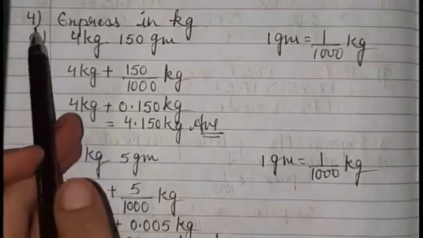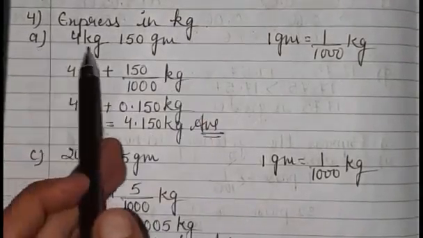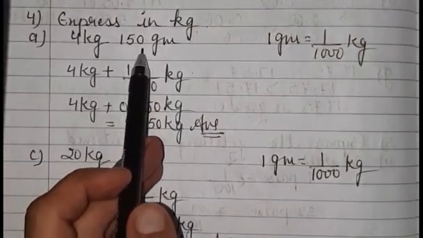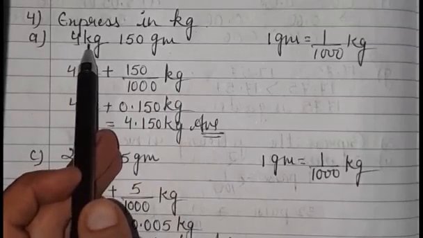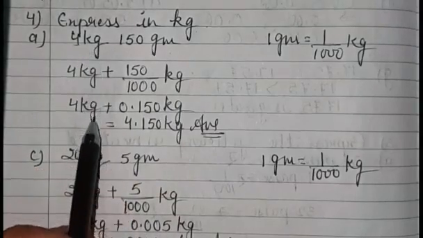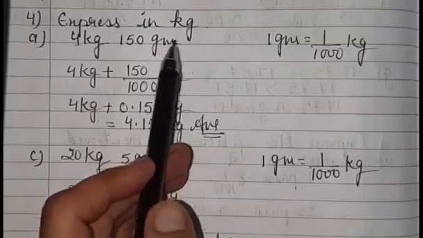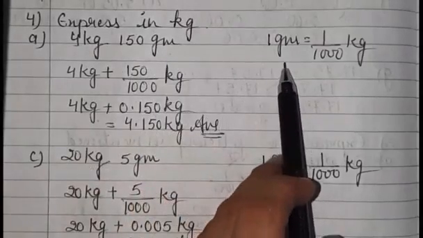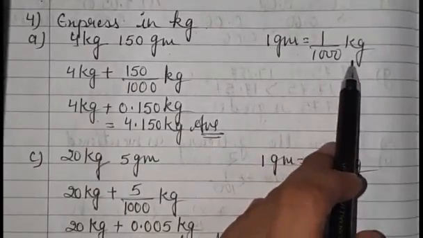Now come to fourth numerical. Express in kilogram. A part is 4 kilogram, 150 gram. This quantity is already in kilogram, so no change. We have to convert 150 gram into kilogram. So we know that 1 gram is equals to 1 upon 1000 kilogram.